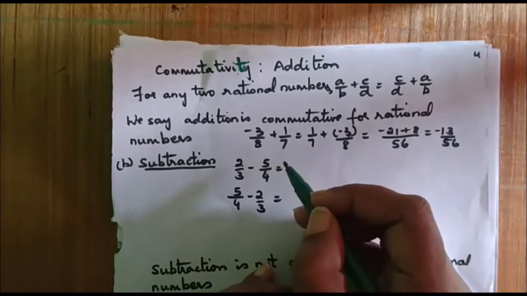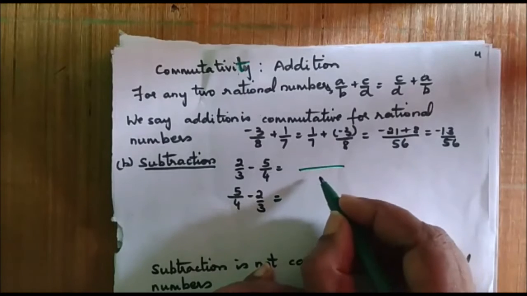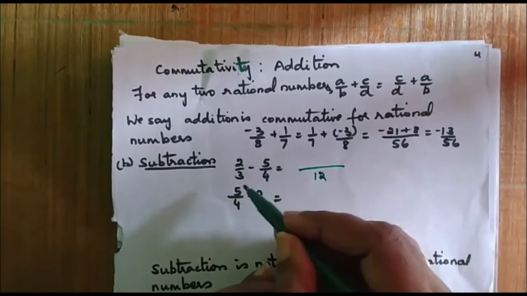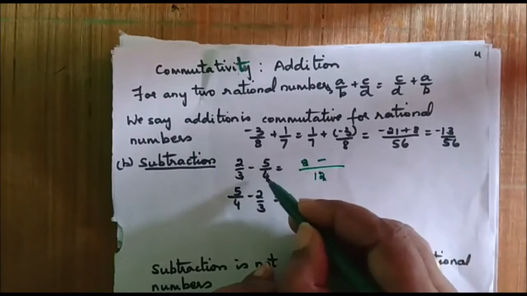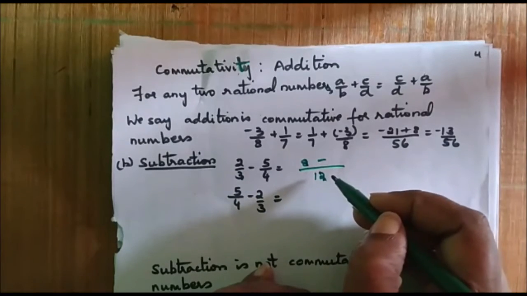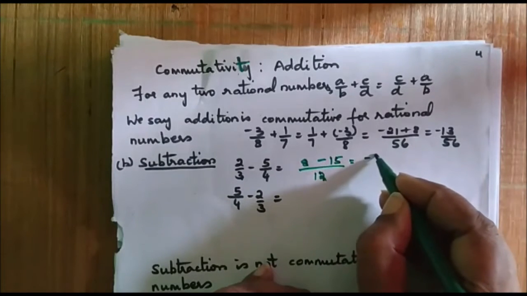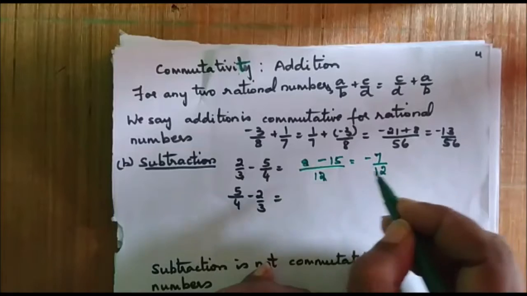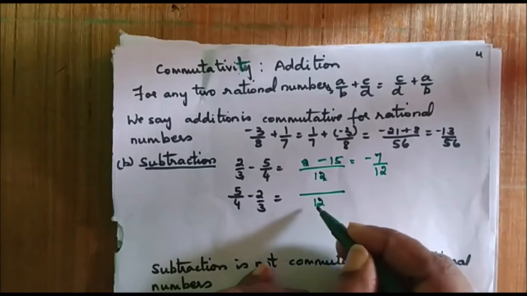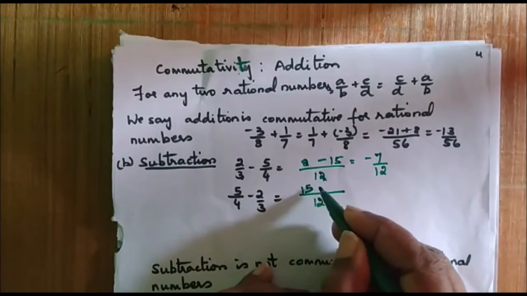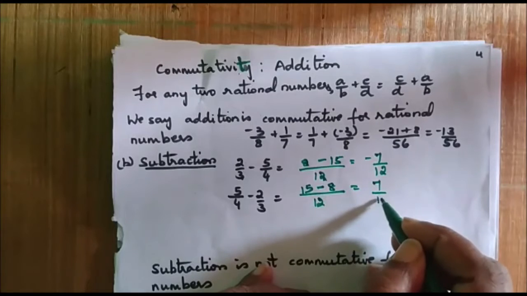Now let us take the case of subtraction. Let us take two numbers and find the answer. The LCM is 12. 3 goes in this 4 times, 4 2s are 8, minus 4 goes in this 12, 4 goes in this 3 times, it is 15, which is equal to minus 7 by 12. Now we will take the other order. 4 goes in 12 3 times, it is 15 minus 8, which is equal to 7 by 12.